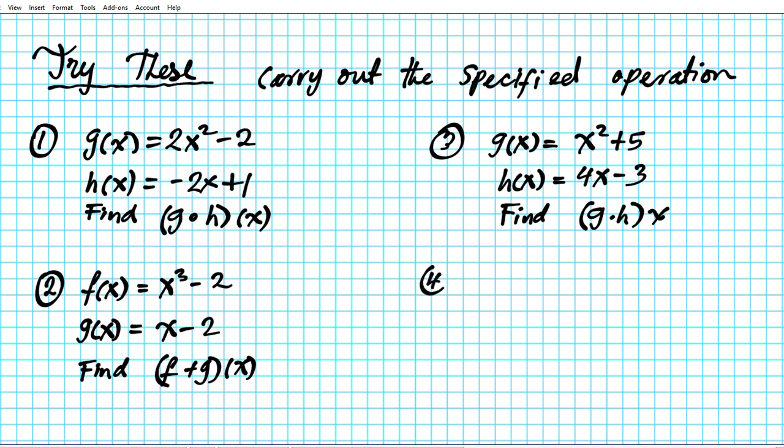Number 4, let's say you have f of x equals negative 4x minus 1, and g of x equals x cubed plus 3x. And you have to find f over g of x.